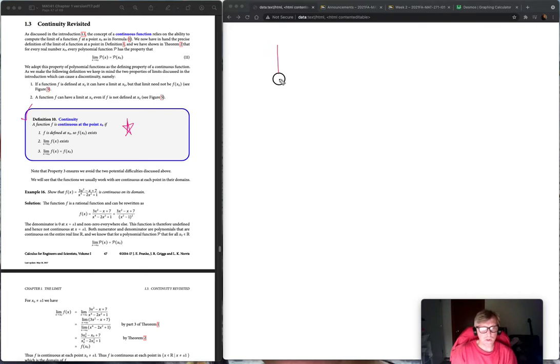So let's draw a picture for this. Right? Let's just say that there's an x sub 0, and we want the function to be continuous at this x value. So what that basically means is that when I draw the function, I don't have to pick up my pen, right? That there's some number here on the y-axis that's f of x sub 0, right?